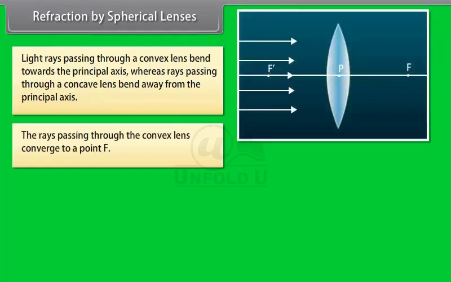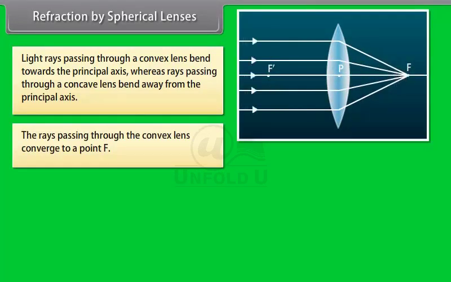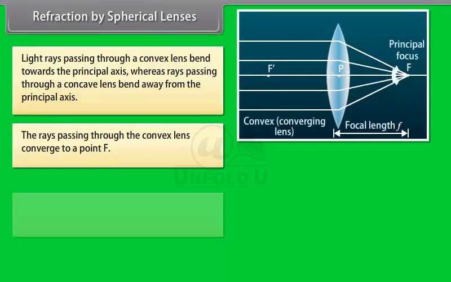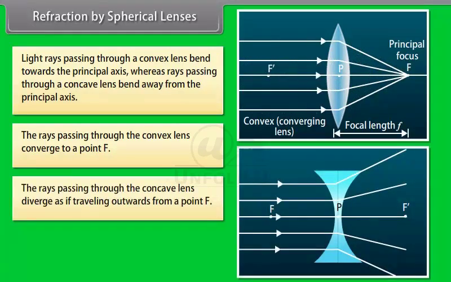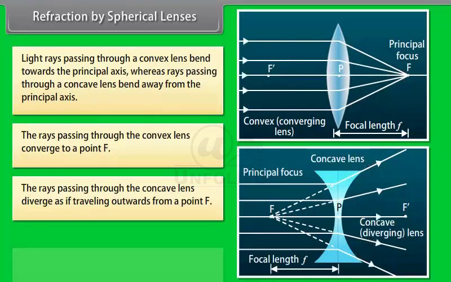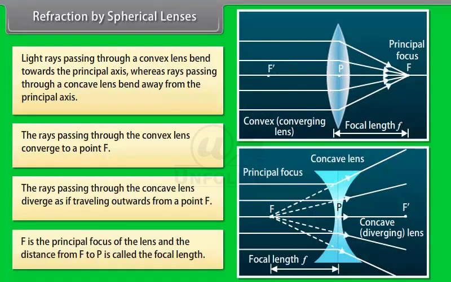The rays passing through the convex lens converge to a point F. The rays passing through the concave lens diverge as if traveling outwards from a point F. F is the principal focus of the lens, and the distance from F to P is called the focal length. Rules to draw ray diagrams for spherical lenses.